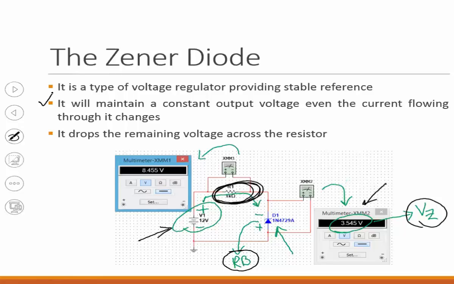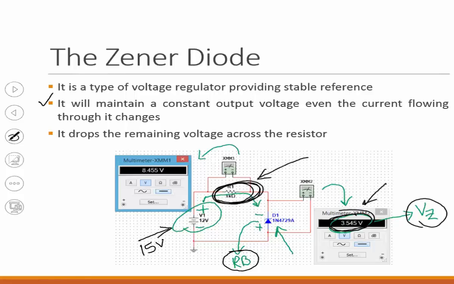Meaning that, for example, if I change this resistance to something else, then your current will be changing, correct? But the Zener will still be maintaining its voltage across its terminals. Even if you raise this to 15 volts, on the Zener you will still see 3.54, where the rest of the voltage goes onto that resistor.